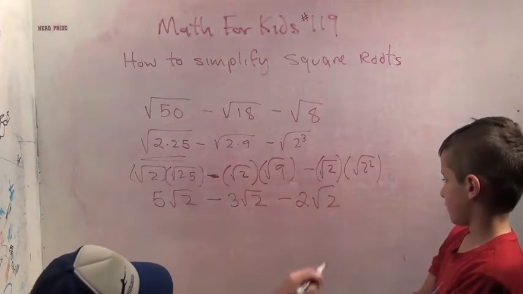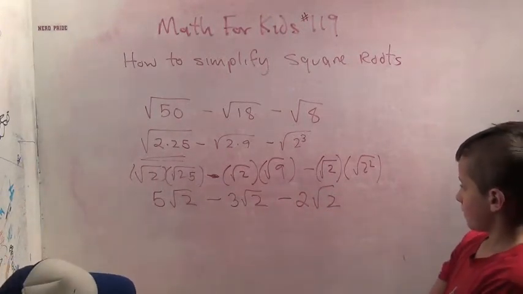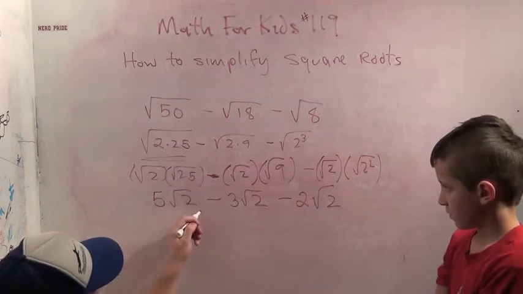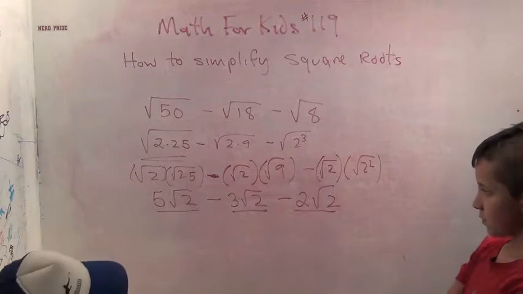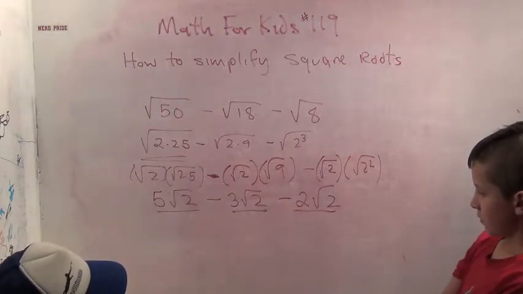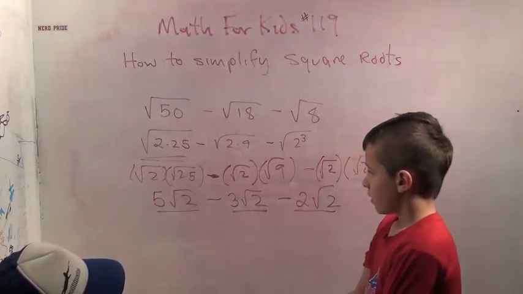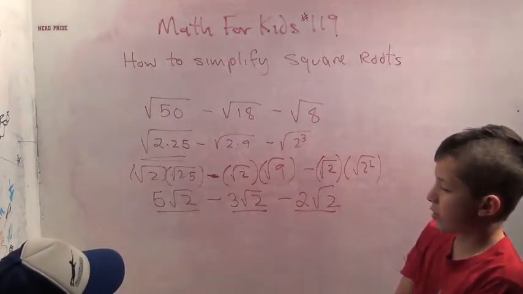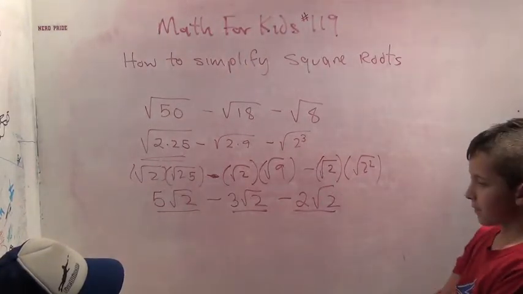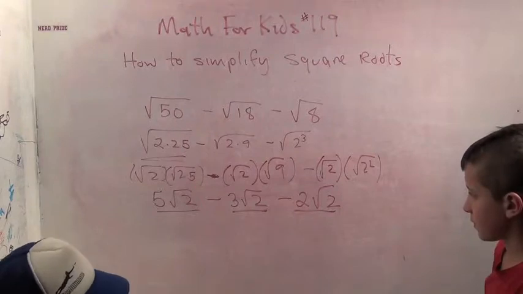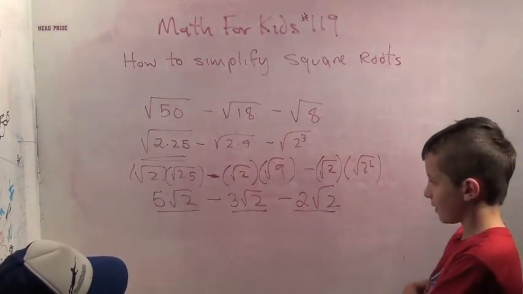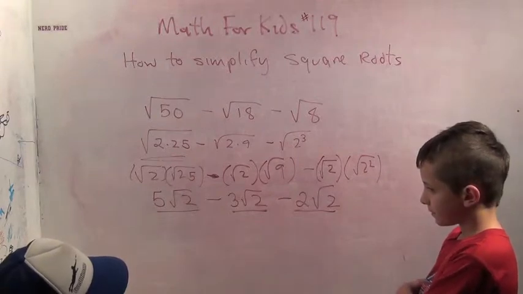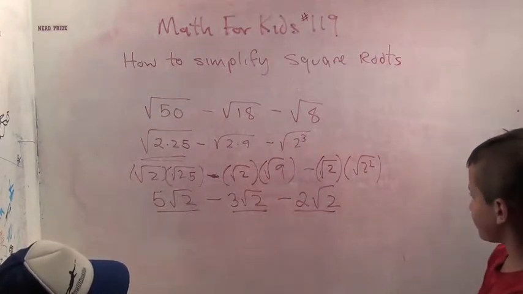Well, that's interesting. Now we have 5 times the square root of 2 minus 3 times the square root of 2 minus 2 times the square root of 2. What do you want to do with this? Subtraction is not commutative, that's true. Now what can we do? You've never seen an expression like this.